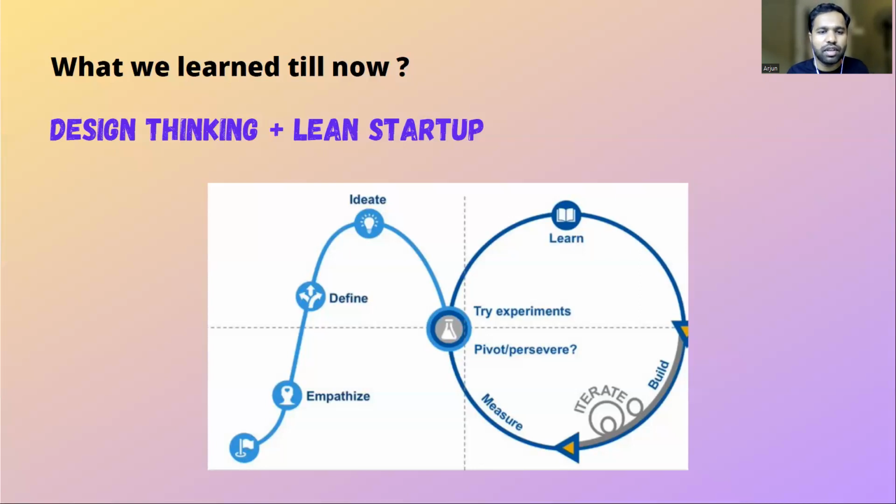So design thinking is very simple. Basically, it's a 5-step process. We start with empathize, then we define, then we ideate, then we prototype and test. So: empathize, define, ideate, prototype, and test. Empathize is the stage where you clearly understand what sort of problems your customers are facing. Empathizing doesn't mean just interviewing your customer.